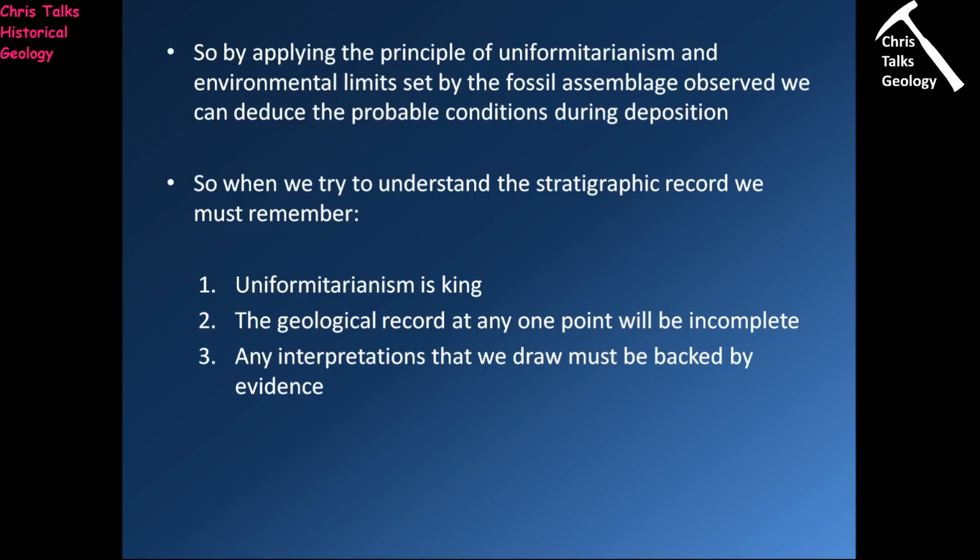We also need to remember that the geologic record at any one point on the Earth's surface will be incomplete. There is nowhere on the surface of the Earth where you have the complete sequence of rocks. Nowhere. And of course, we always need to make sure that any interpretation that we make has to be backed by evidence. We have to be able to prove, or at least firmly argue, what we are proposing.